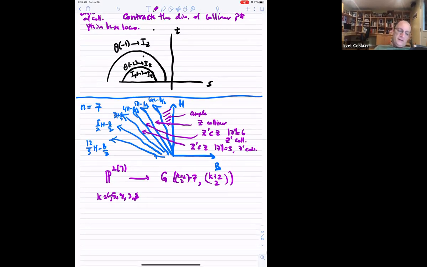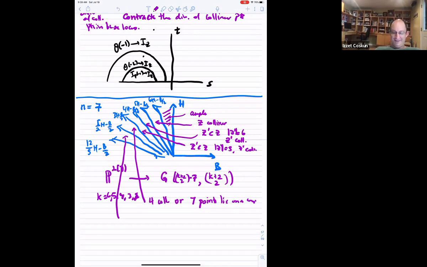Then here, either 4 of the points are collinear, or all 7 points lie in a conic. So here you have 4 collinear points, or 7 points lie in a conic. And finally here, you have 6 of the points lying in a conic.